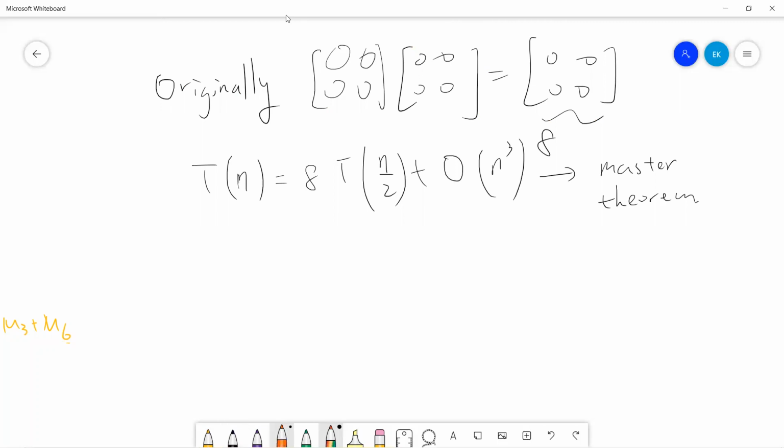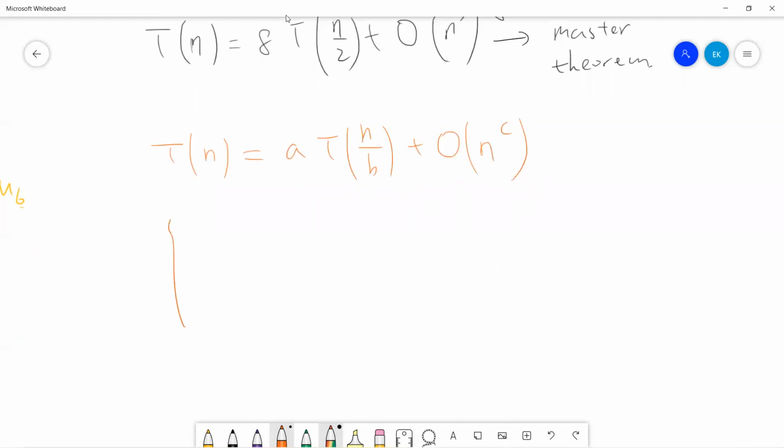Let me quickly say it. The master theorem is that you can write T of n as a T of n divided by b plus O of n to the c. Let's define C1 to be log base b of a.